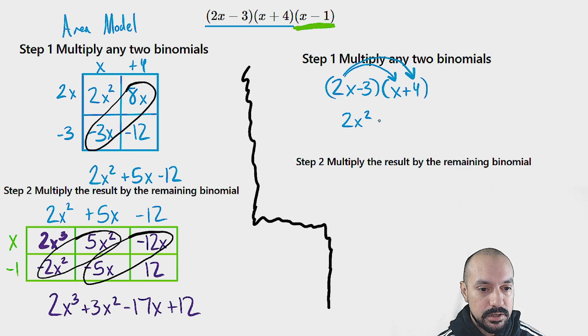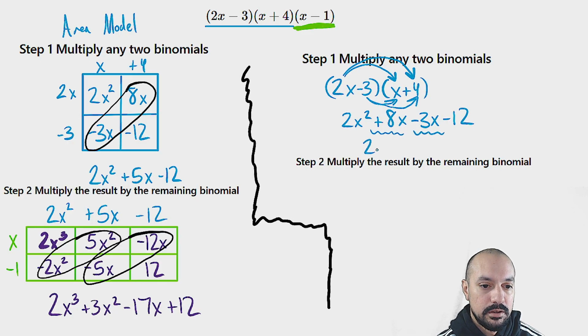So if you notice here, I'm just multiplying all the terms out. And then from there, we want to combine like terms. So 8x minus 3x gives me 5x.